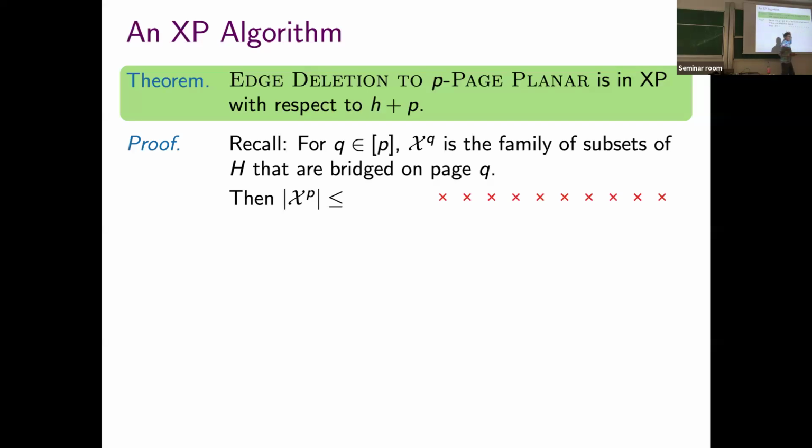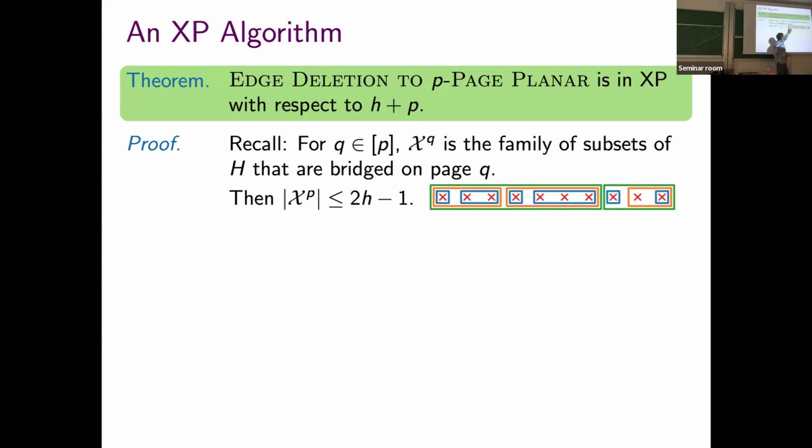Start with all the points in the hitting set, then look at all the sets in your family that are minimal, and then look at the next level and the next level and the next level, and you start with H points, and in each step you merge at least two previous sets, so in total you get at most 2H minus 1. It's a tree. Yes, exactly. Funnily drawn tree, containment tree.